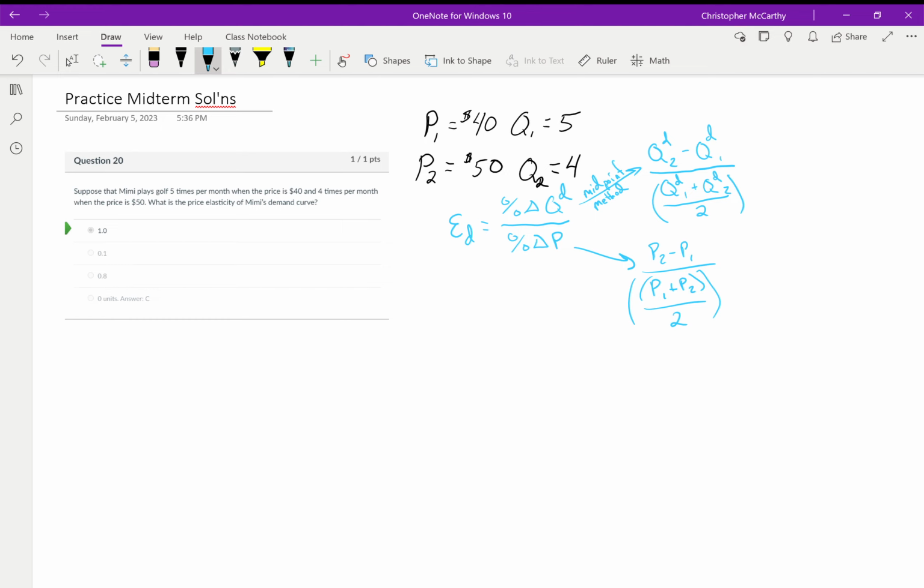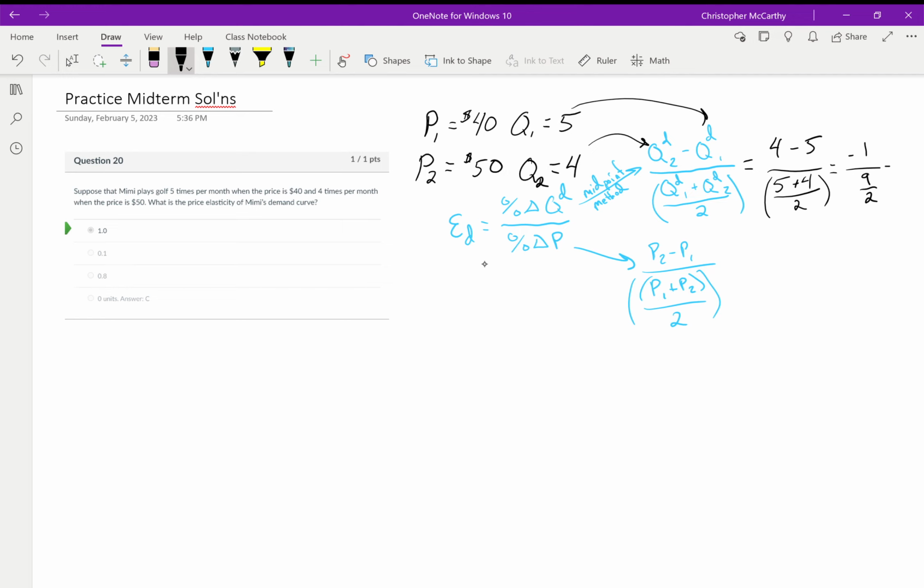All right, so now knowing that, we can go ahead and put these values in. I know that my Q2 is 4 and my Q1 is 5. So this is going to be 4 minus 5 all over 5 plus 4 divided by 2. So this is going to give me negative 1 over 9 over 2. And the way that we can do this and keep this in a fraction is we can flip this fraction on the denominator.